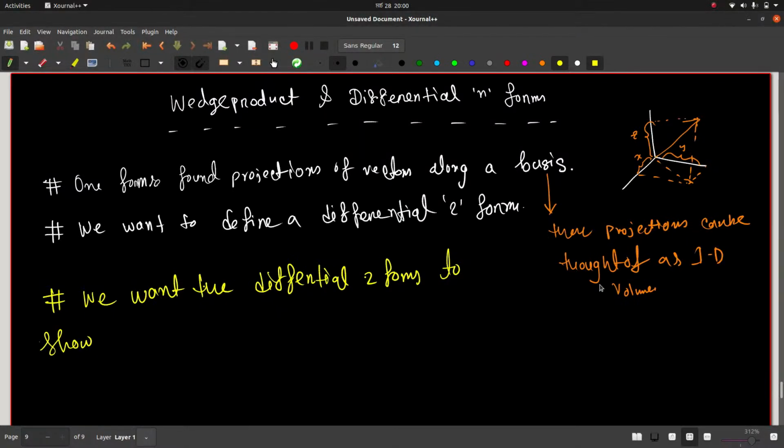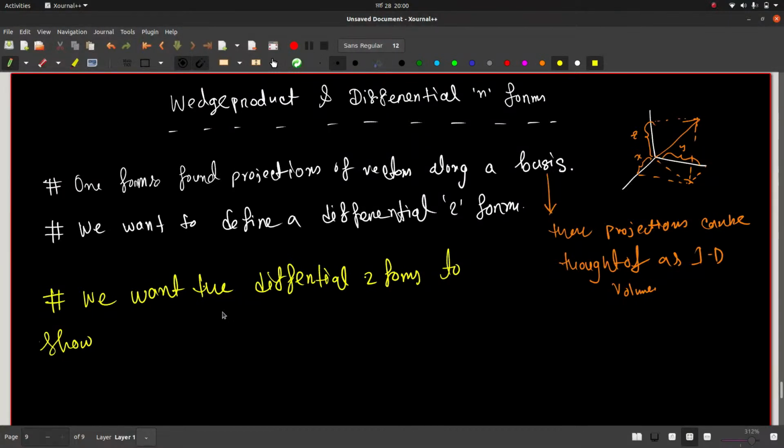Why am I using a pair of vectors? Because if I use only one vector, I cannot generate a two-dimensional volume, that means an area. I have to take at least two vectors, and I can even do it with more vectors, but then I'll have to take a slice of that higher dimensional volume to get a two-dimensional volume.